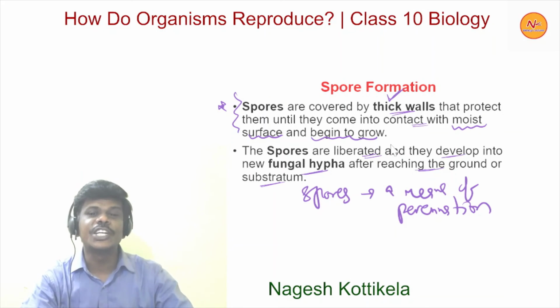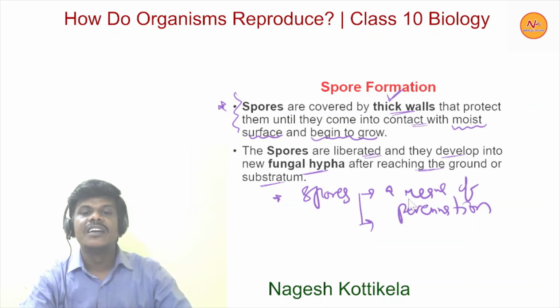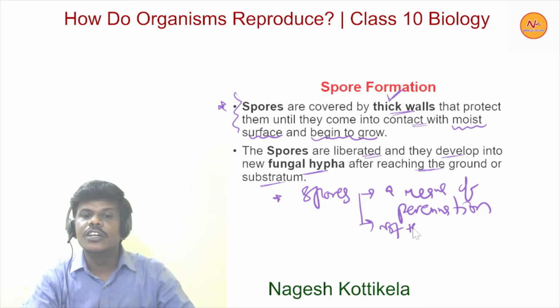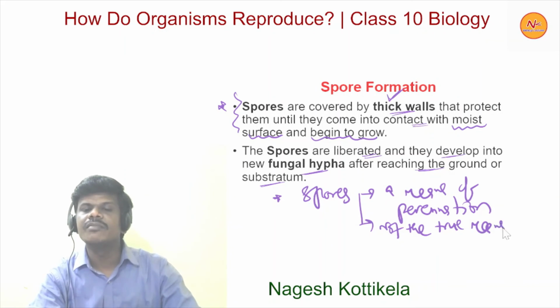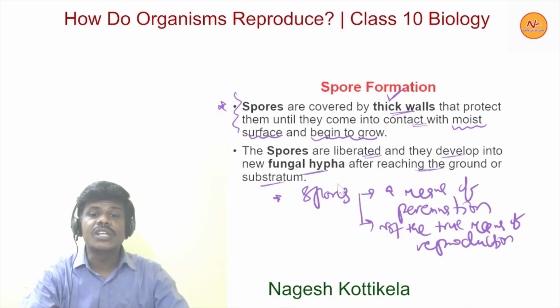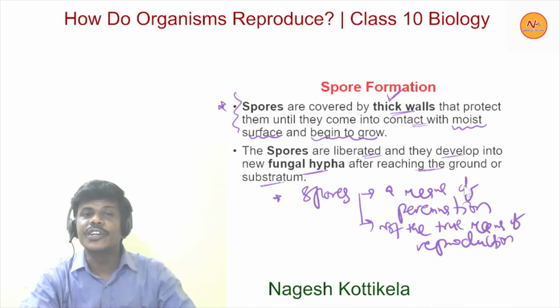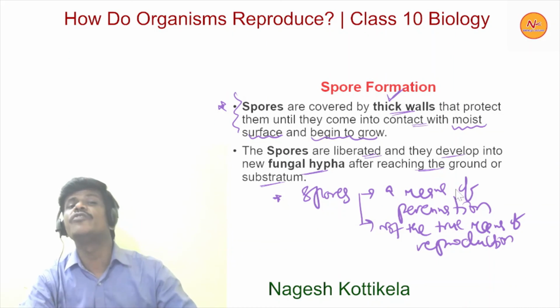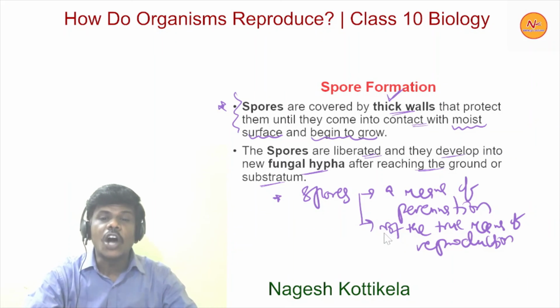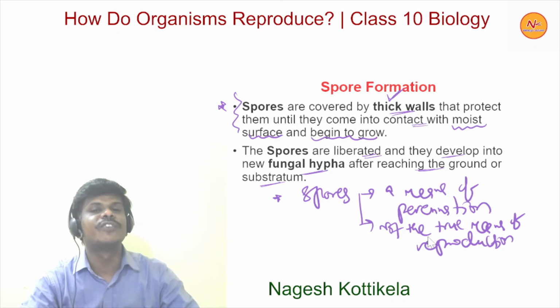I repeat this very important statement once again: spores are a means of perennation and not the true means of reproduction. They survive during unfavorable conditions, so they are the means of perennation but not the true means of reproduction.